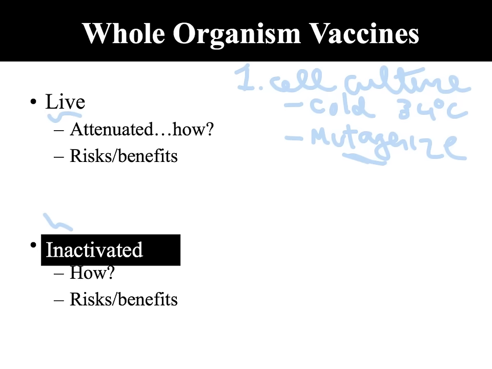Okay, so live whole organism vaccines have a lot of benefits and they have a few risks. First of all, the benefit received from these vaccines is that they are far and away the best simulation of naturally acquired immunity. It's very difficult to find strains that can escape vaccine protection. It's not impossible, but it's difficult on the whole.